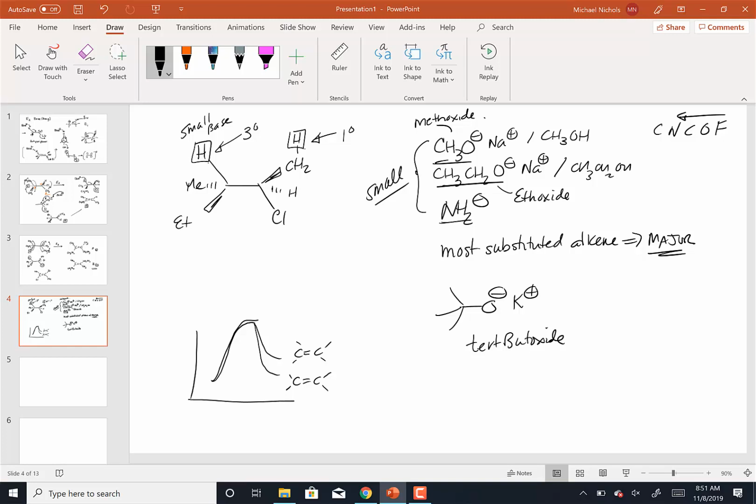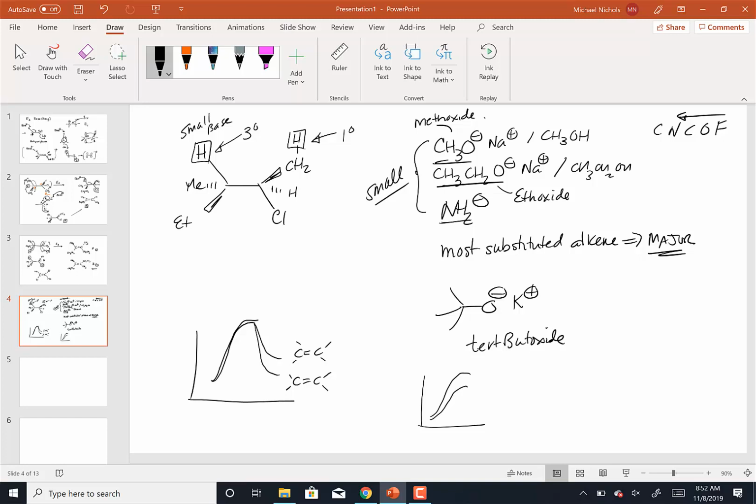So in this case, with the tertiary butoxide, what happens with the energy diagram is there's a huge difference in transition state energy. Because trying to jam this tertiary butoxide over here to deprotonate that hydrogen, it's sterically hindered, the hydrogen's got steric hindrance around it, the transition state energy shoots up. It's going to be less so with the primary hydrogen.